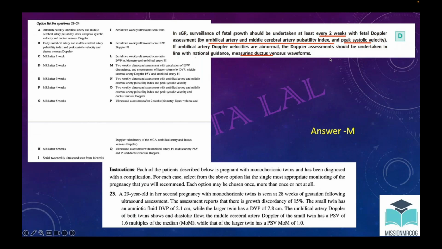So every 2 weekly fetal Doppler assessment by MCA, umbilical artery, peak systolic velocity, and so answer according to that goes to M. Is it clear? Yes. No.